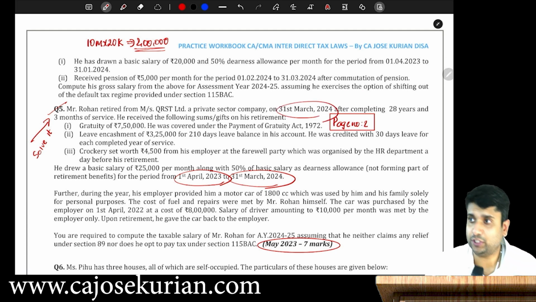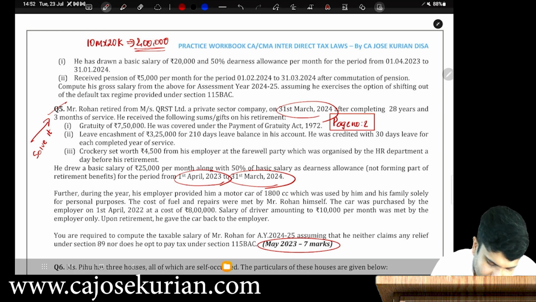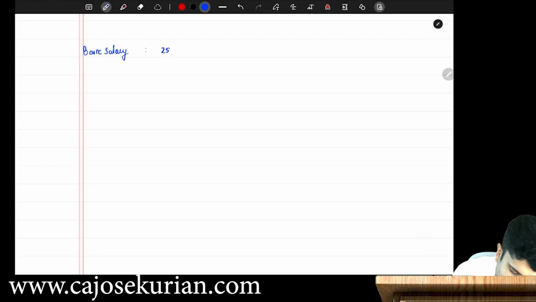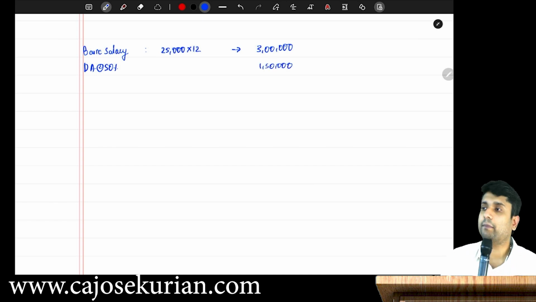So for the whole year, he was actually working, and on the last day he got retired. So 12 months basic salary means 25,000 into 12 months. How much is the sum? 25,000 into 12, it will be how much, friends? 3 lakhs. Now dearness allowance is 50% of the basic salary. That will be 1,50,000. Right. And it does not form part of the retirement benefit.